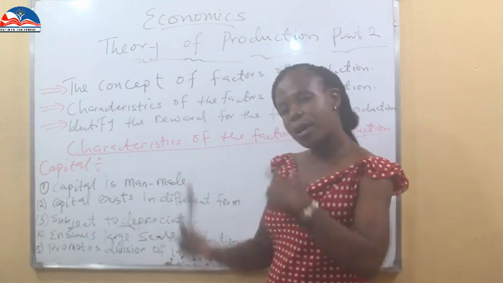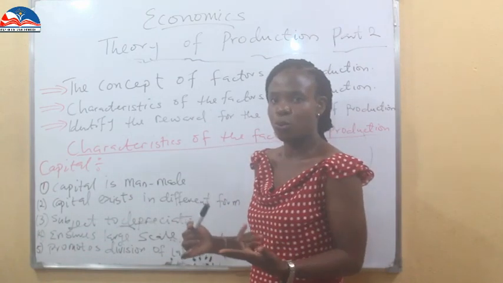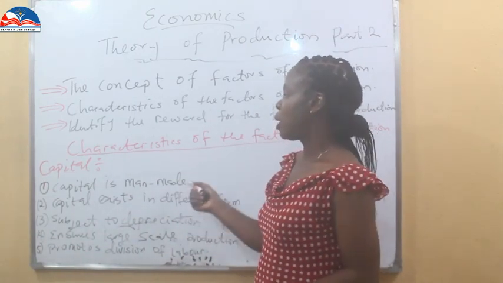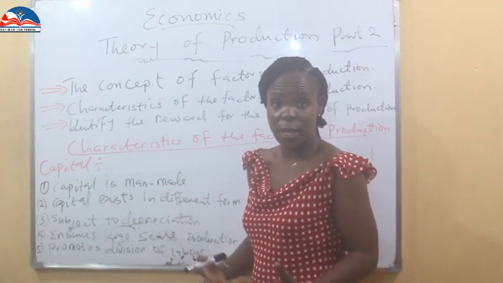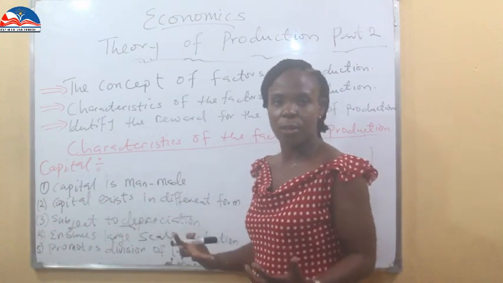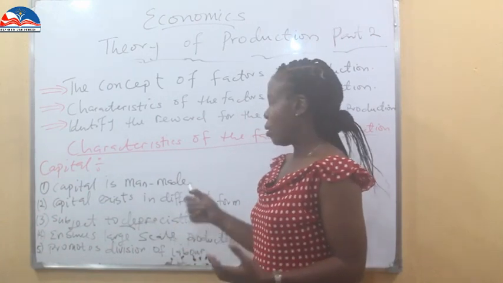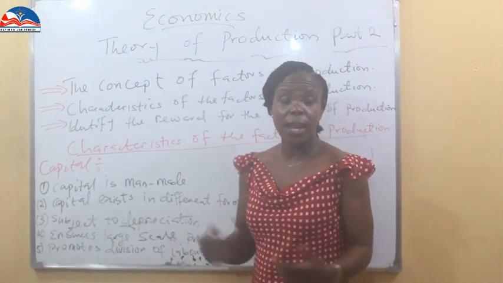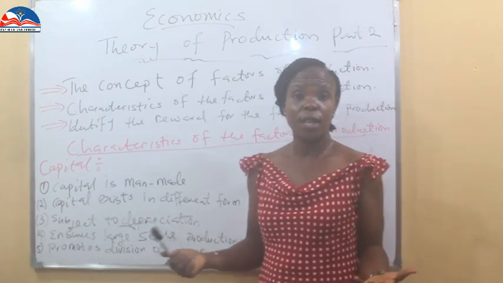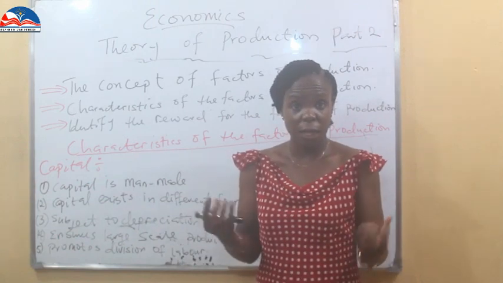Now, what are the characteristics of capital? One, capital is man-made because it is man's creativity. It's man's wealth. That is the first. Capital exists in different forms. Why it exists in different forms is because it can be in cash, raw cash, money.